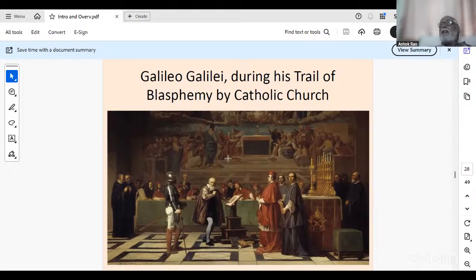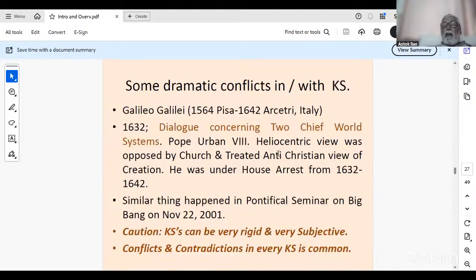You are saying the Sun is the center and Earth revolves. Therefore, you are put to death. It didn't exactly happen, because he was put under house arrest. They didn't kill him, but from 1632, when he made this announcement, till his death in 1642, he was put under house arrest. He was very popular, so they didn't physically kill him.